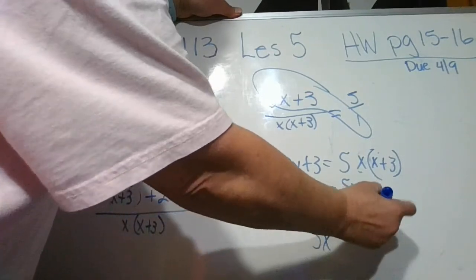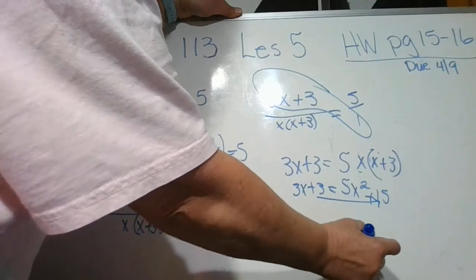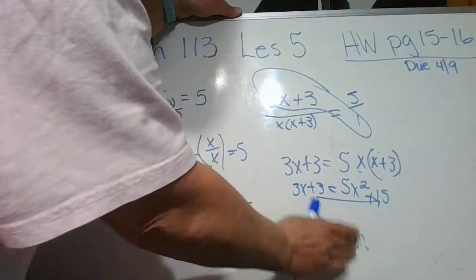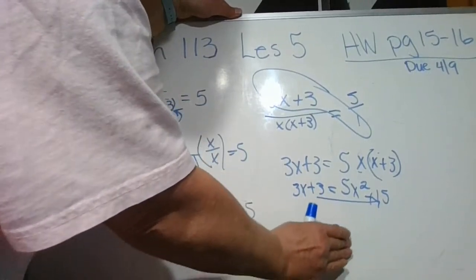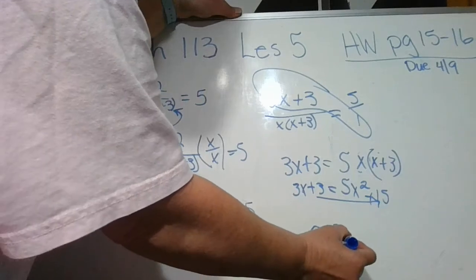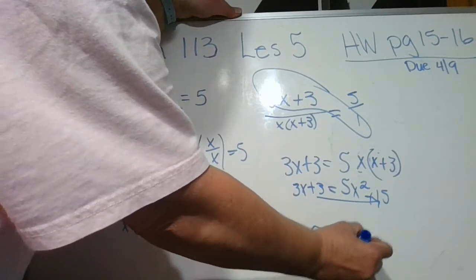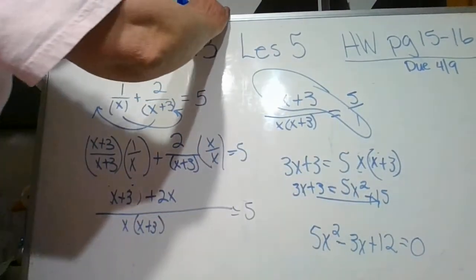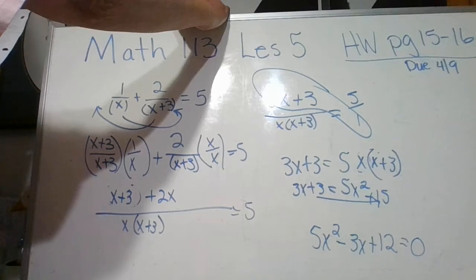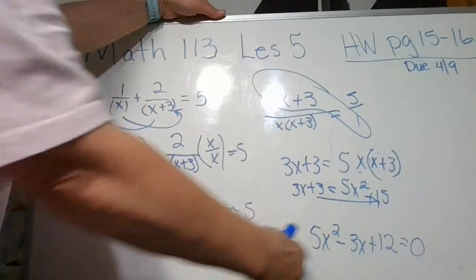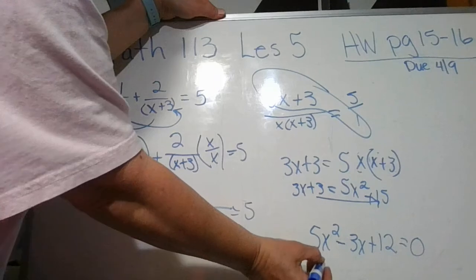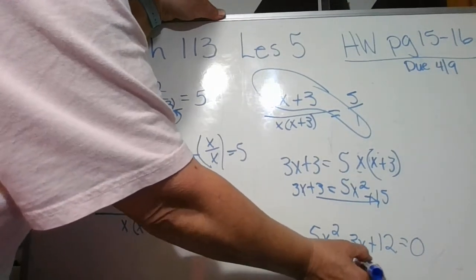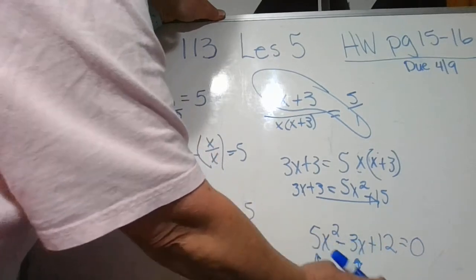I'm going to bring that 3 over there, so it's going to be a plus 12 because 15 subtract 3 is 12. But actually, let's bring that 3x over there so we'll have it in the right form. Negative 3x plus 12 equals 0. Why did I put it in that form? Because that's our quadratic form. And that way I can know that A is 5, B is negative 3, and C is 12.